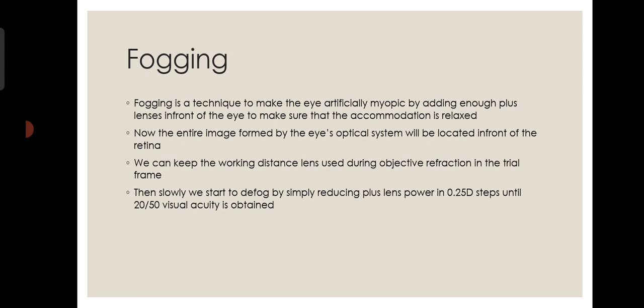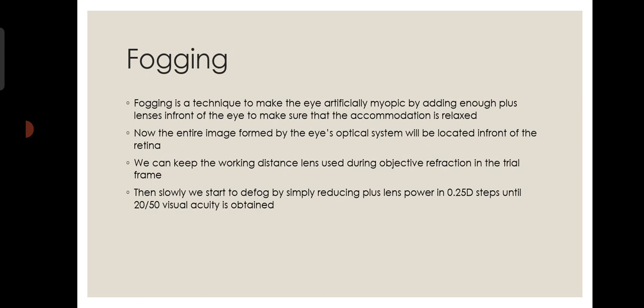Even if the patient has astigmatism, my aim is to make the entire image fall in front of the retina, in the horizontal meridians and the vertical meridians also. So I will completely fog the patient, that is my aim.